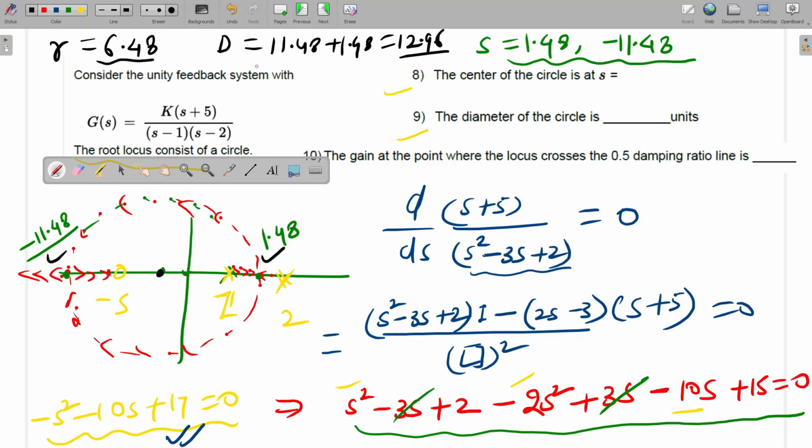Sir, how can we know it is a breakaway or break-in point? See, between 1 and 2, 1 point should be there, and between minus 5 and infinity, 1 point will be there. So here the poles are moving here. Okay. So if here it is going away, it is a breakaway point, and the 1.48 value will come here only.